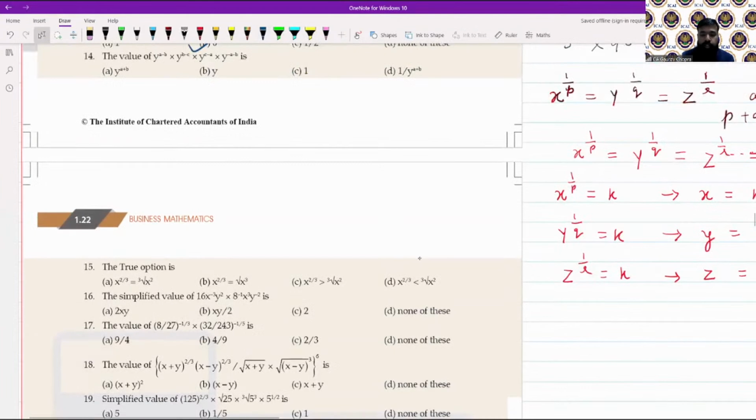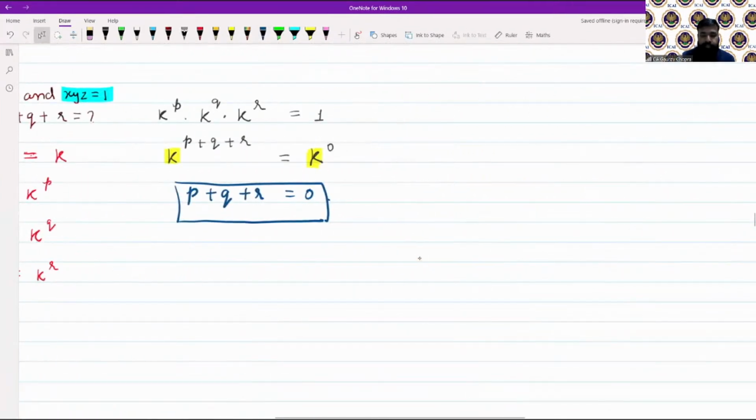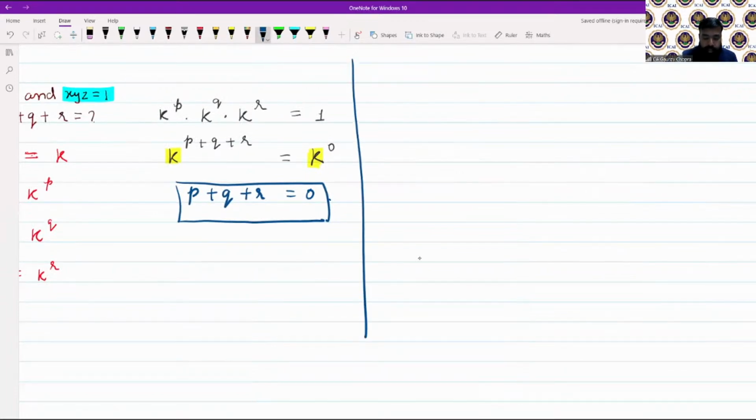Now let us do one or two similar questions. Let's say there is a question having 2 to the power of x multiplied by 3 to the power of y multiplied by 5 to the power of z equal to 360. This is given in the question.